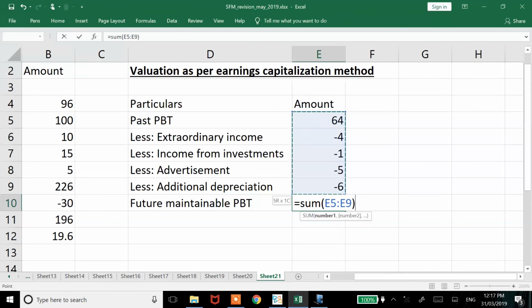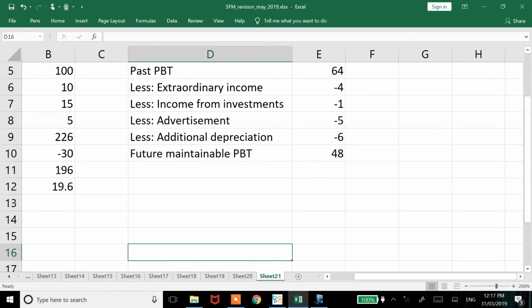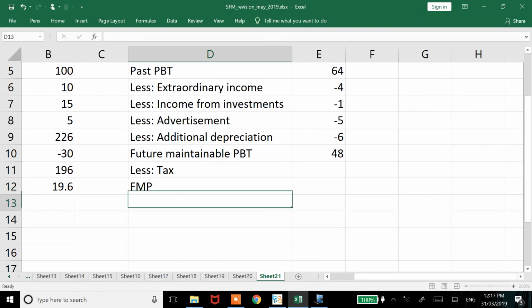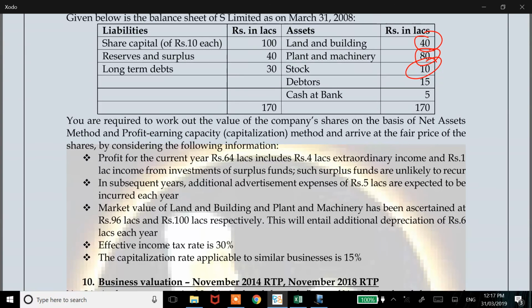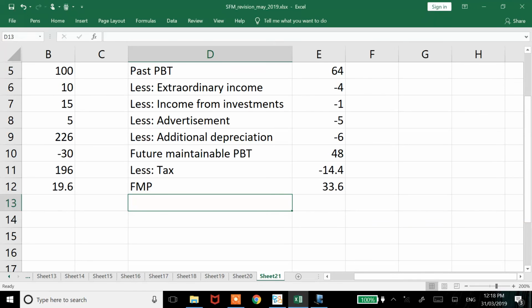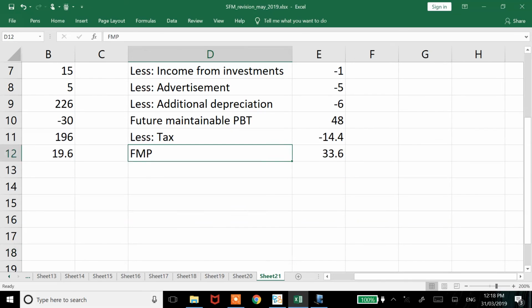Future maintainable PBT, less taxes, and you get future maintainable profits.